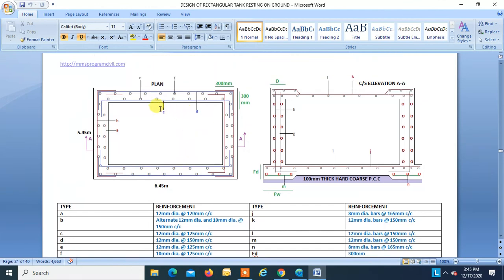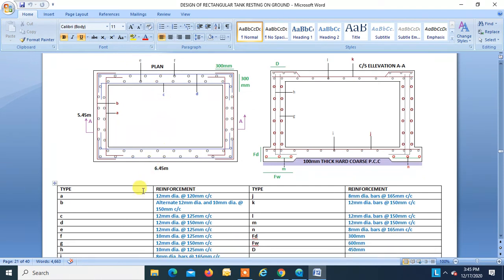Then C is the horizontal steel required on the long wall on the liquid face, and that is 12 dia about 125 center to center. This is D, the horizontal steel required for the long wall on the outer face, 12 dia about 150 center to center.